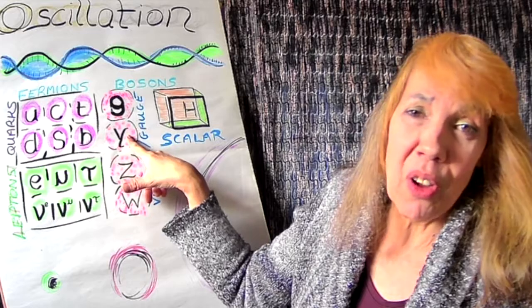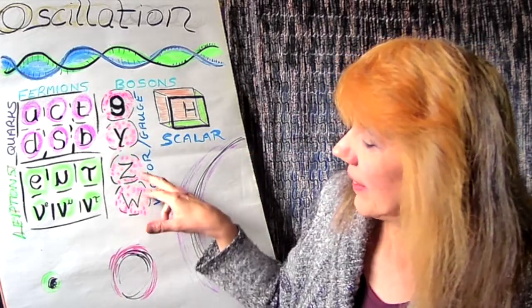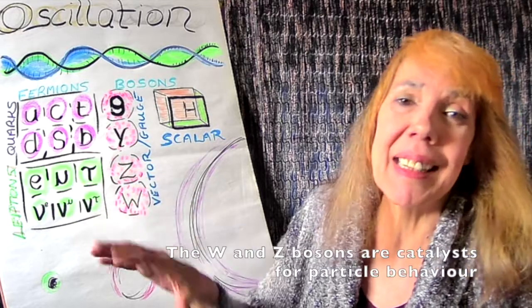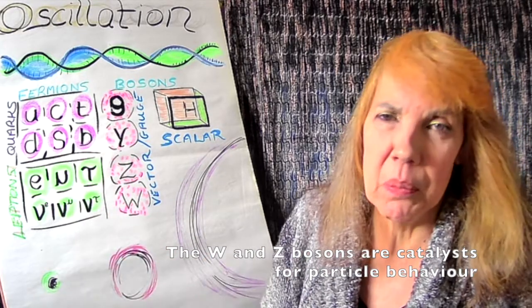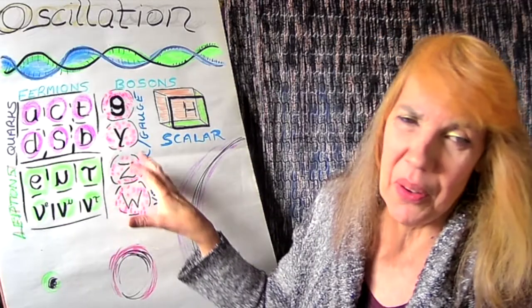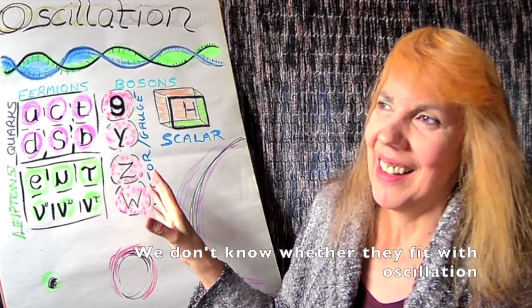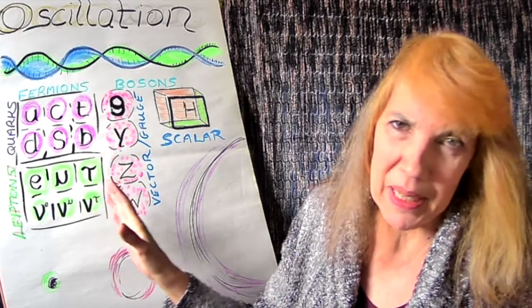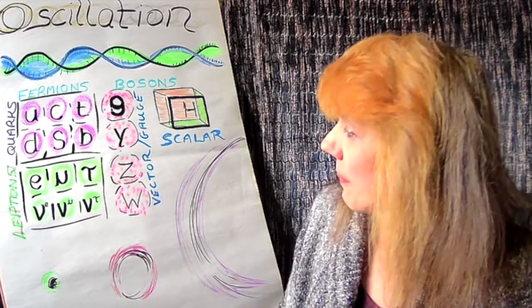This is the photon, this calligraphed Y, and the W and Z bosons, catalysts for other behaviours between particles in their existence. We don't know at the moment whether they even fit in with oscillation, and whether they do or not is not being explored at all, so we'll leave those out of the equation for now.